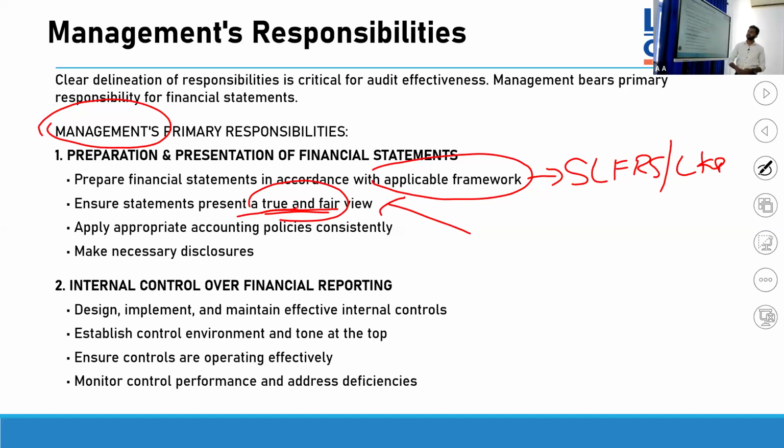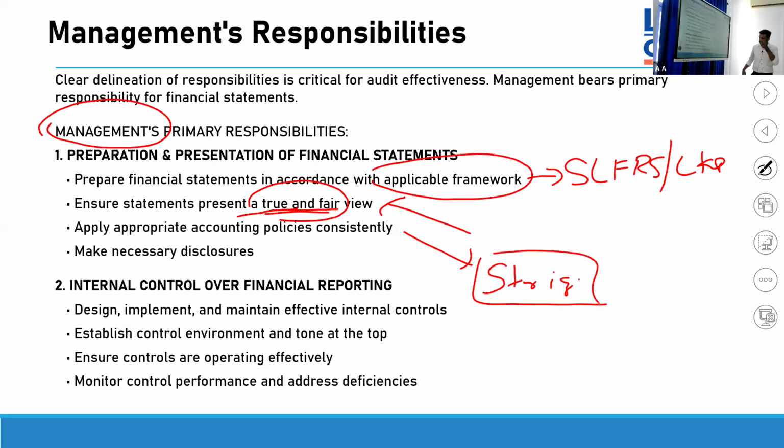Next one, apply appropriate accounting policies consistently. Let's assume management has decided on the straight line basis for depreciation in the year 2024-25, right? This is their policy, and they have disclosed it in their financial statements.